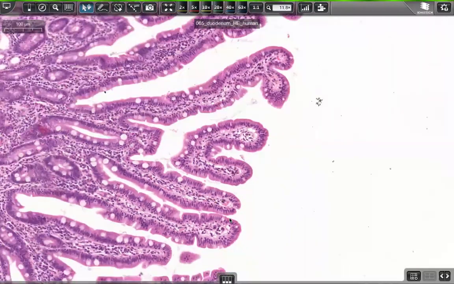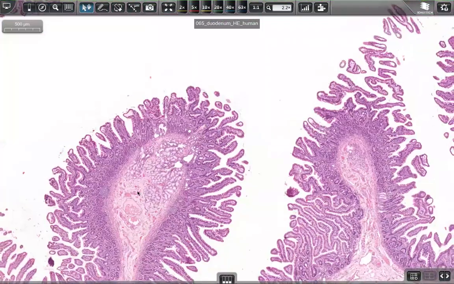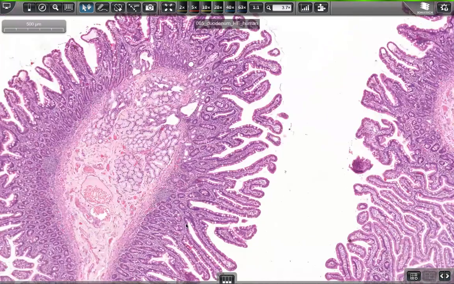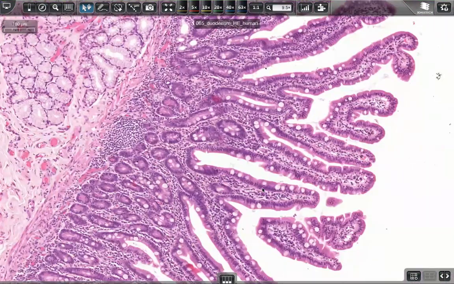So Kerckring folds are present with connective tissue, part of the submucosa, and the villi, yeah, these are the villi, present with cell-rich connective tissue, so that's part of the propria.